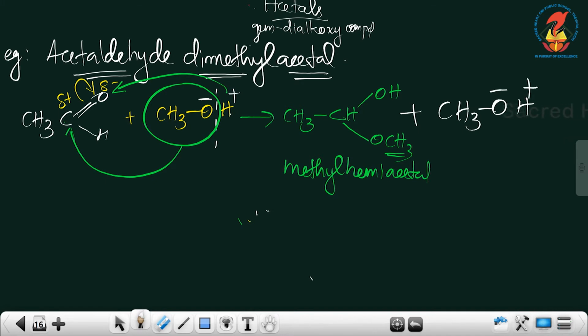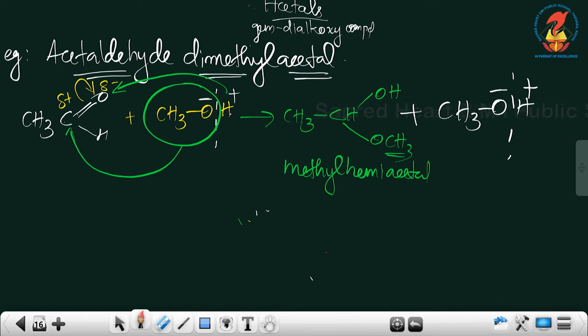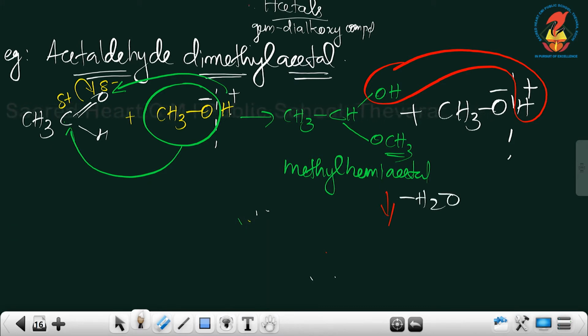Again the polarization O minus H plus. And here what is happening? Elimination of water. So OH will be taken from here and H plus from here. And what we are getting finally is minus H2O. What we will get? CH3, CH. Already there is one OCH3.